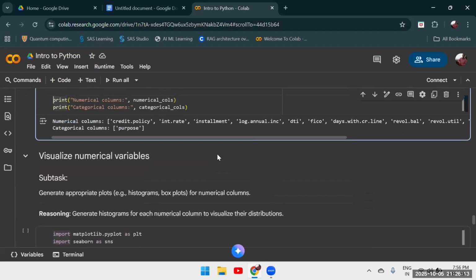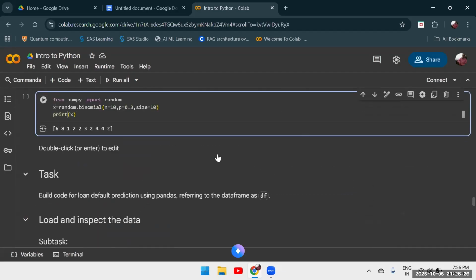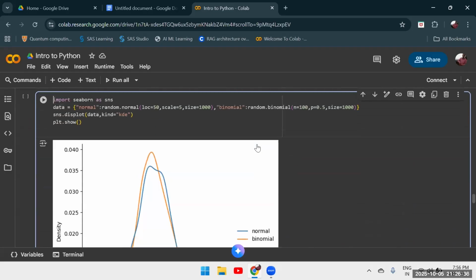No, sir, in our last class we did see about the binomial, right? And then we were trying to see the difference between a normal distribution and a binomial distribution. Yes, here it is.